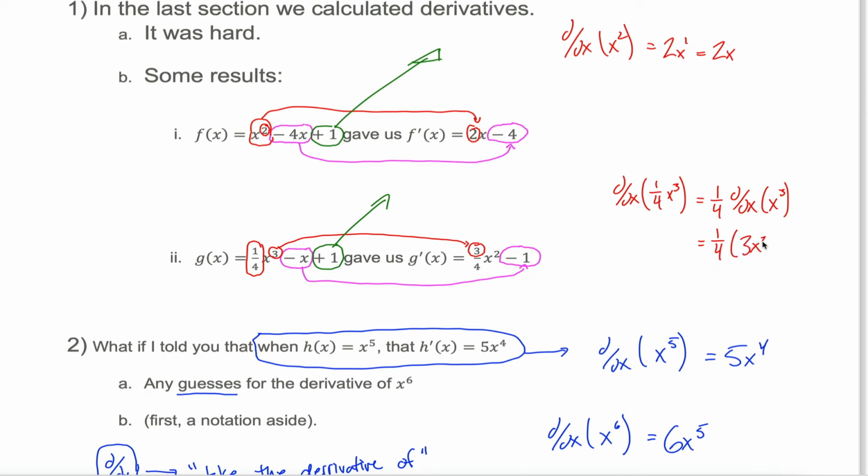It's 3x squared. So the derivative of 1/4 x cubed is 1/4 times 3x squared. And 1/4 times 3 is 3/4, because you can think about this, 3 is 3 over 1. So this is 3/4 x squared, which is what shows up over here as part of the derivative. This 1/4 x cubed produces this 3/4 x squared.